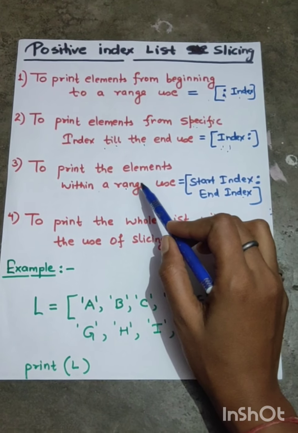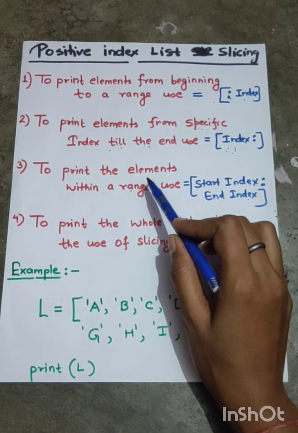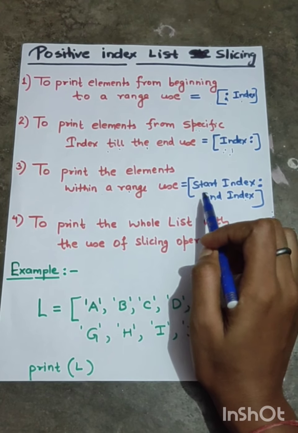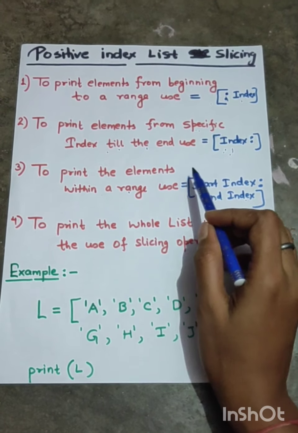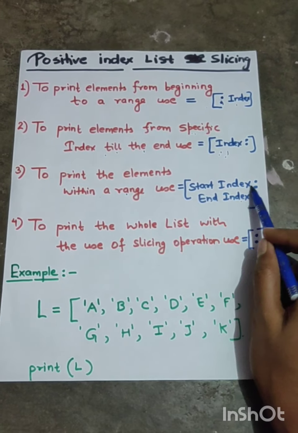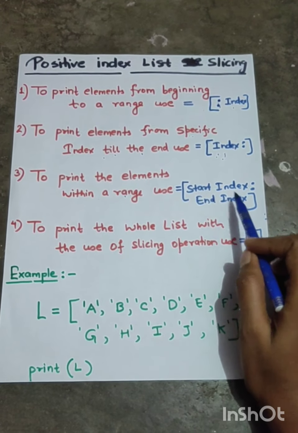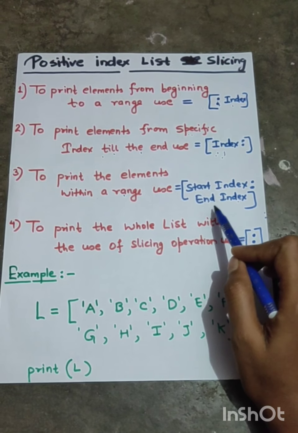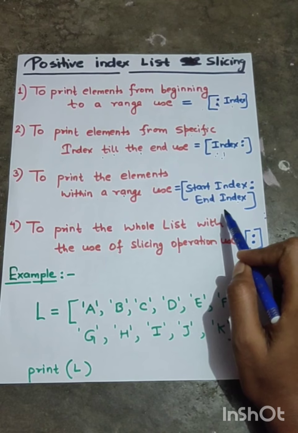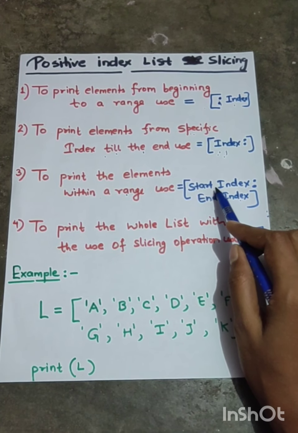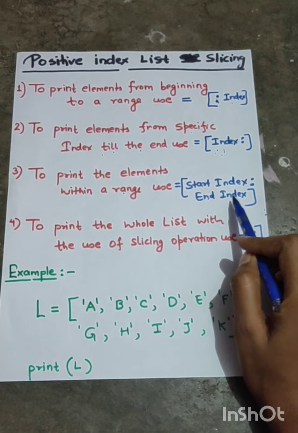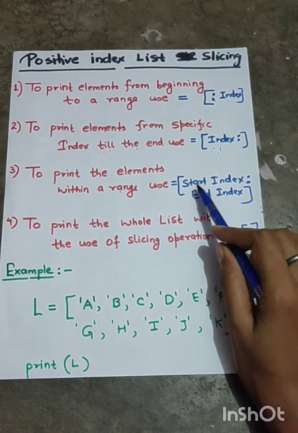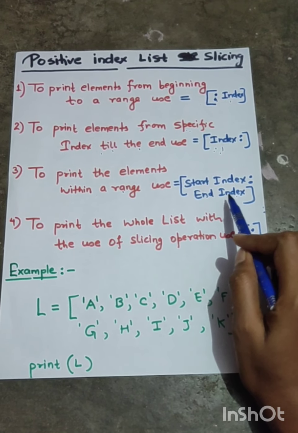If you want to print elements from index 3 to 8, 4 to 9, 5 to 6, 7 to 9, at that time you will use start index colon end index. And here the last index will only go up to end minus 1. If you want to print the elements from index 2 to 9, it will go up to 9 minus 1, meaning it will print elements 2 to 8.